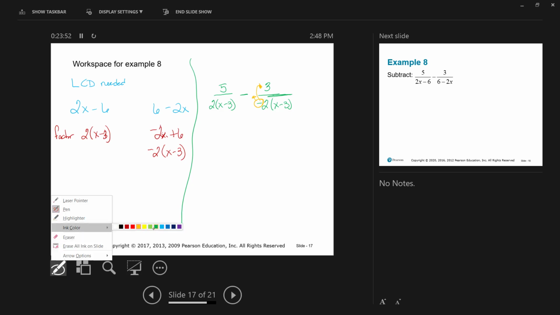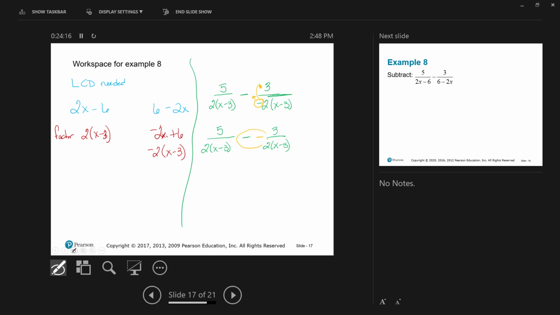So, regardless of which position we move it into, our next line is going to look like, first fraction stays the same. I am subtracting, and here is the 3 over the 2x minus 3, and I am going to take that negative and put it out front of the fraction, which makes the whole fraction negative.